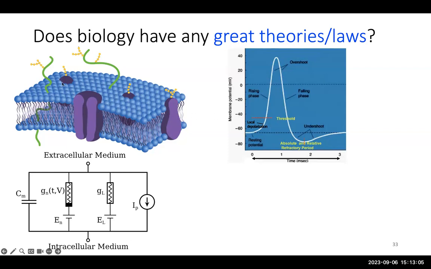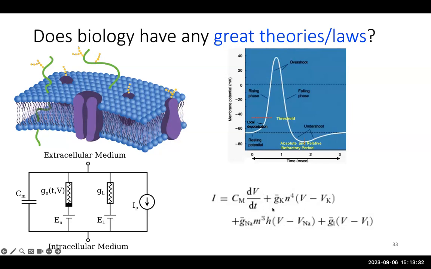Then, by knowing the properties of those proteins, we can actually write an equation to describe this model. And then surprisingly, this equation can represent most excitable membranes. Here, this is a very elegant equation.